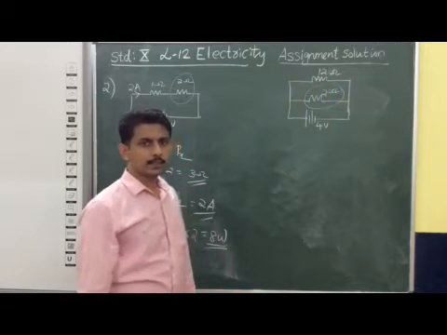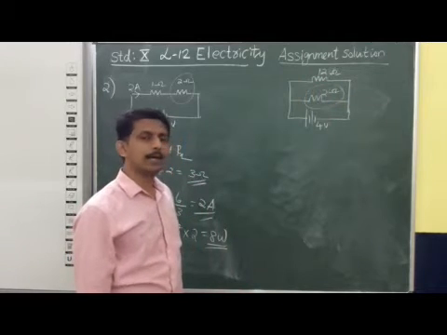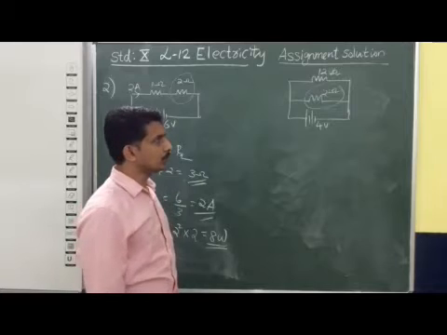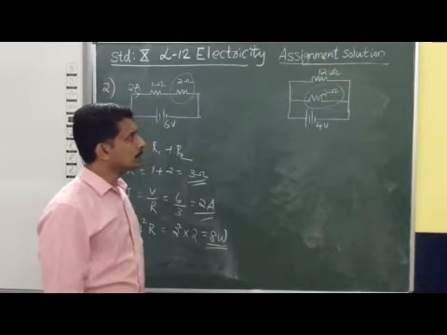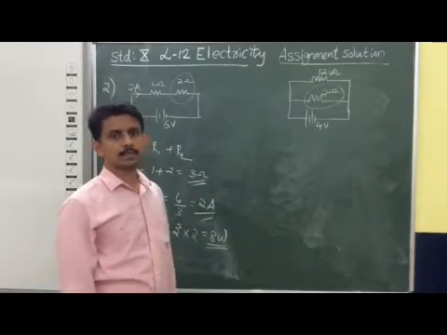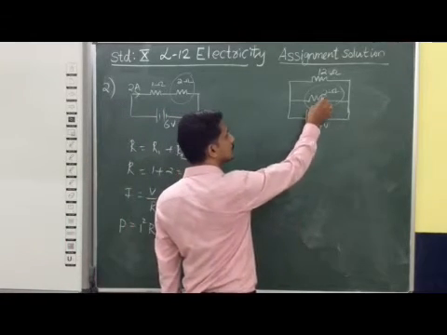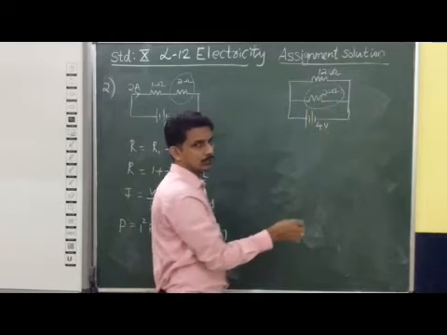You can observe that this is a parallel combination, and we know that in a parallel combination the voltage drop across each resistor remains the same. So the voltage drop across this 2 ohm resistor is the same 4 volt.